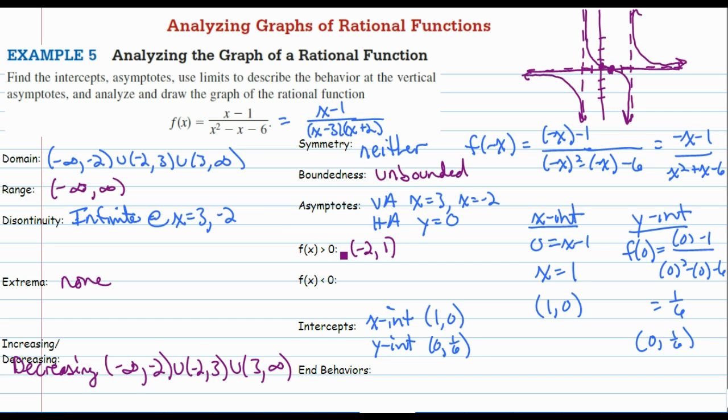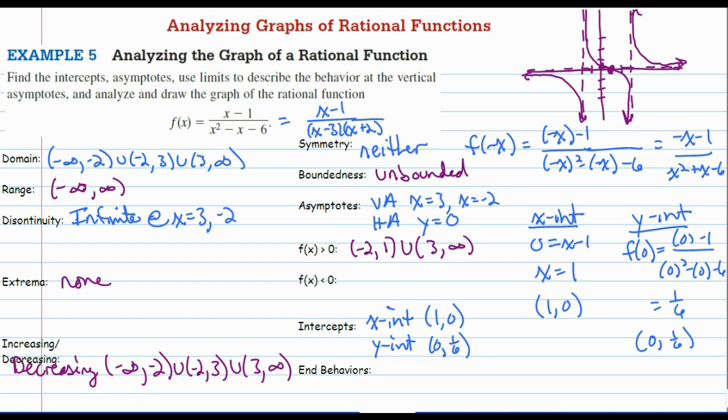I'm just asking for greater than 0. Then again, after the other vertical asymptote, all the way out to infinity, the graph is above the x-axis, therefore the y values are positive. So I'm going to put union, and that would be 3 to infinity.